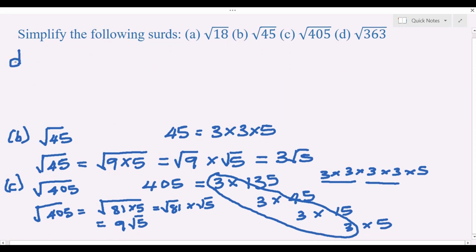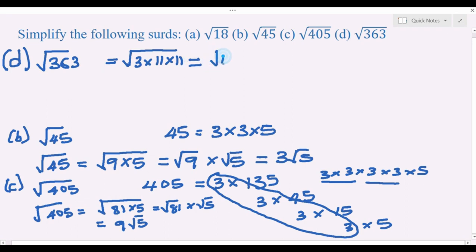D. We have the square root of 363. Now 363 is equal to 3 times 11 times 11, so the square root of 363 is equal to the square root of 121 times 3.